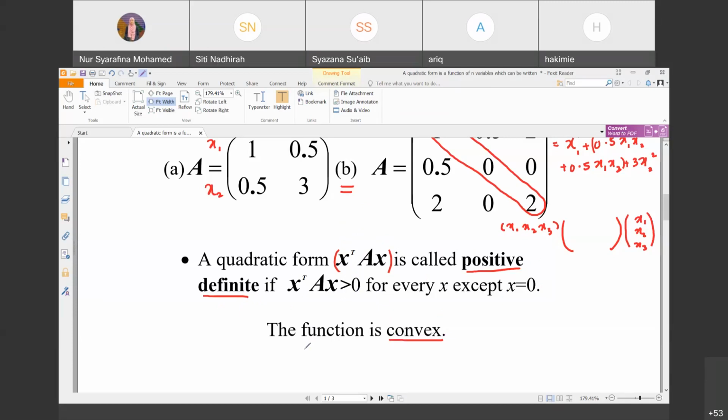So the function is convex when the quadratic form is positive definite. When x^T A x is greater than 0, then it is positive definite, then we can say that it is convex. Okay, clear? Understand or not?